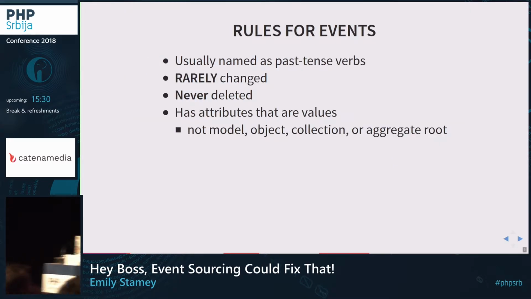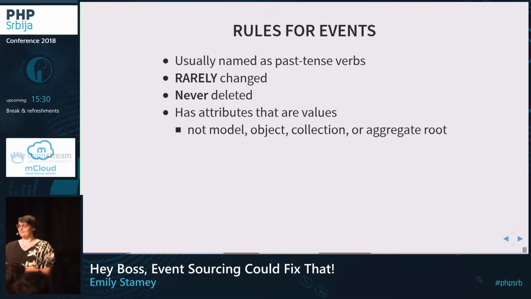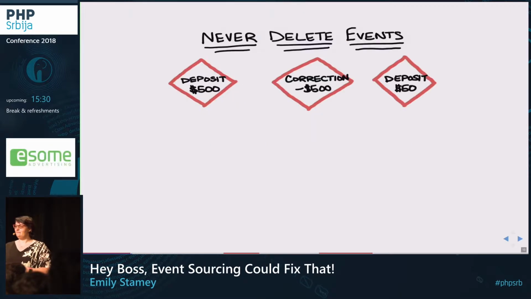And there are a few rules that you want to keep in mind about events. They're usually named as past tense verbs, like our book was checked out. They're rarely changed. They're never deleted. And those attributes are values, not objects or aggregates or anything that we have to reconstruct. But let's talk about why we never delete an event.